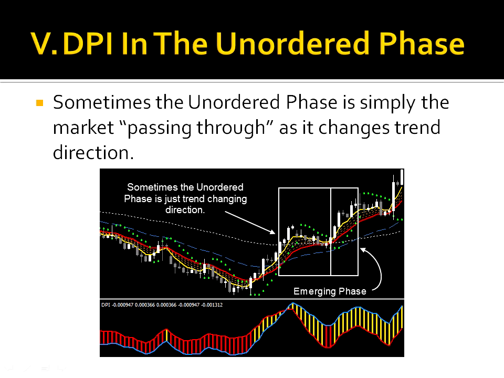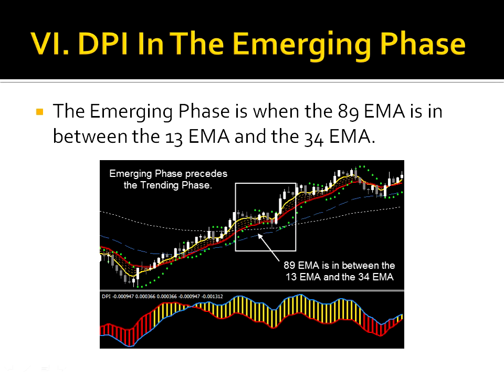And you can see in this example, even though this unordered phase is very small, price does pull back, it does retrace, and it's not as choppy as we've seen other unordered phases, but very difficult to trade. Once we get out of the unordered phase and into the emerging phase, everything really cleans up. The DPI is saying everything's good to go, and from there, we just trade with the trend.